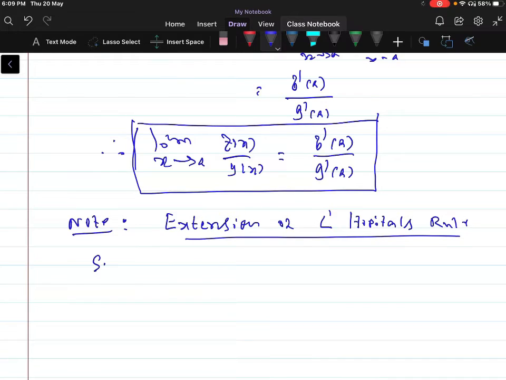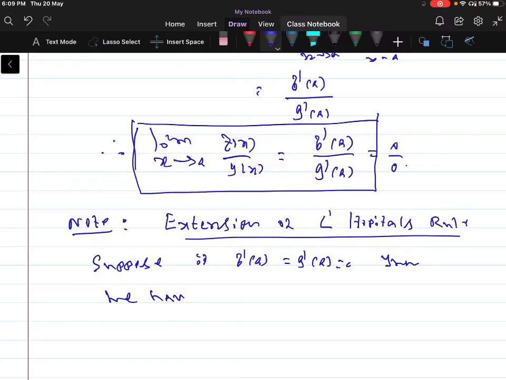Suppose f dash of a and g dash of a are equal to 0, if it is a 0 by 0 form, then again we can extend the L'Hôpital's rule.